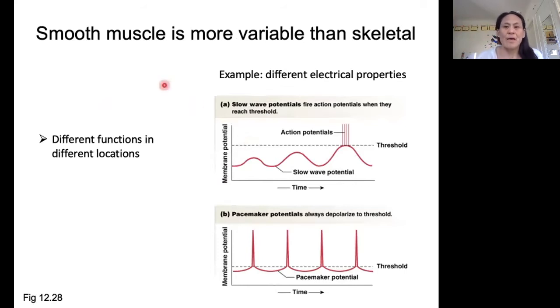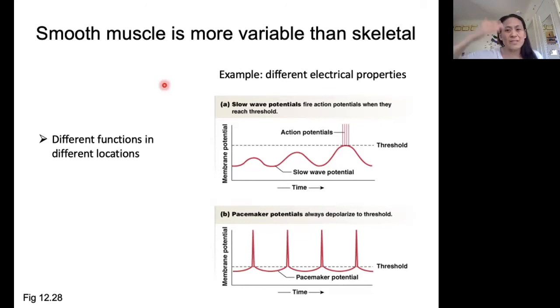To start with, skeletal muscle has a very stereotyped structure. You look at skeletal muscle in your finger, you look at skeletal muscle in your leg. It's going to have the same basic structure down to the molecular level, and it's going to have the same characteristics.